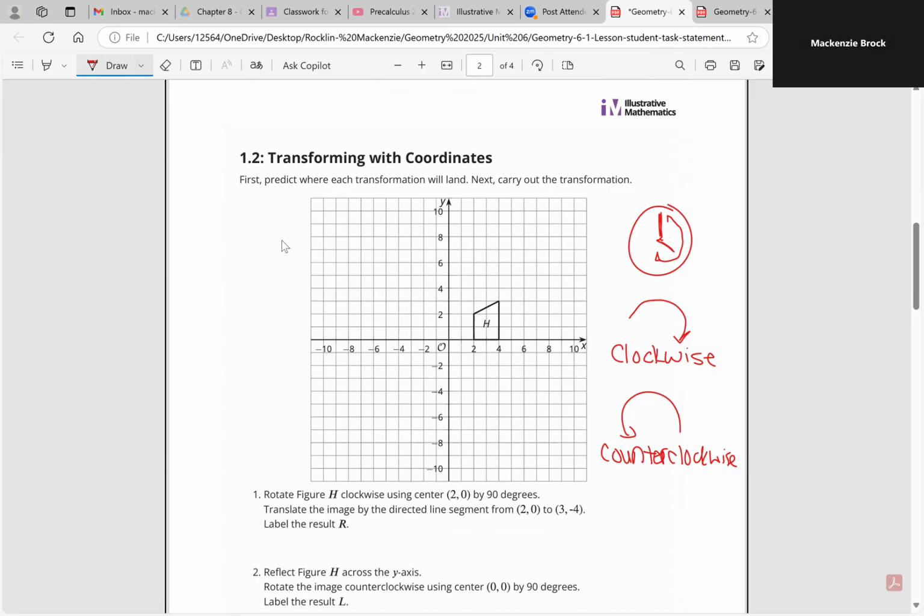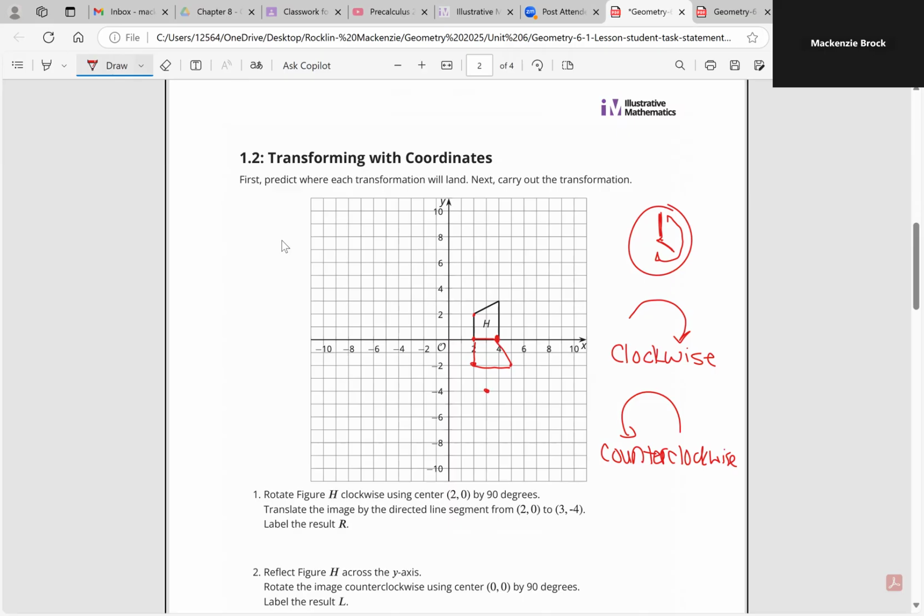All right, so this point stays. This point will now be underneath. This point will now be straight across. And this point will be here. So there's the 90-degree rotation, and then the point (2, 0) is now at the point (3, -4).